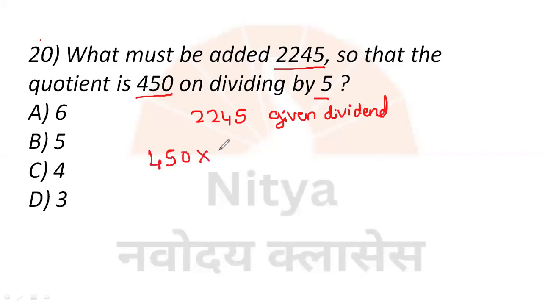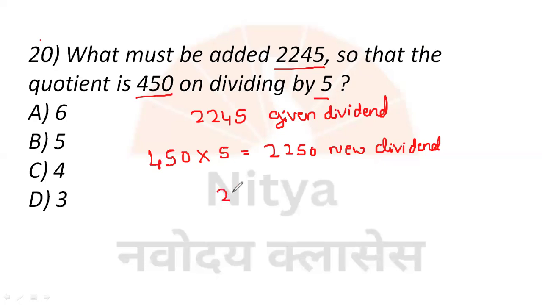450 into 5, what comes? 2250. This is the new dividend. So here the question is, what must be added to 2245 so that the quotient is 450 on dividing by 5.